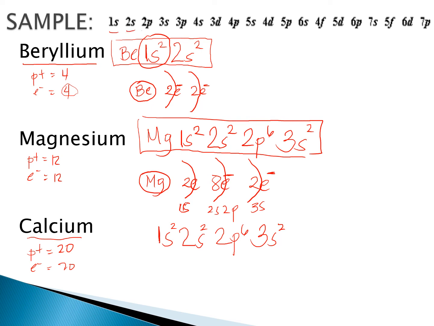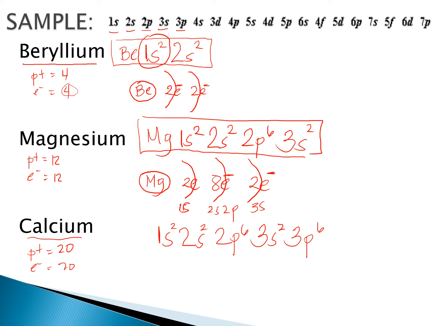1s2, 2s2, 2p6, 3s2, and then 3p6. Let's check first how many electrons we already allotted with its proper energy level and orbitals. So 2 plus 2, so we have 4, plus 6, 10, plus 2, 12, plus 6, 18.